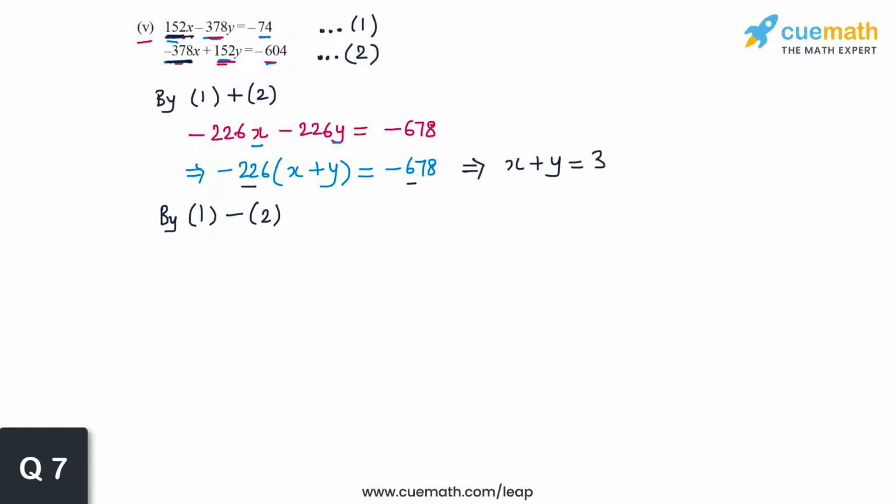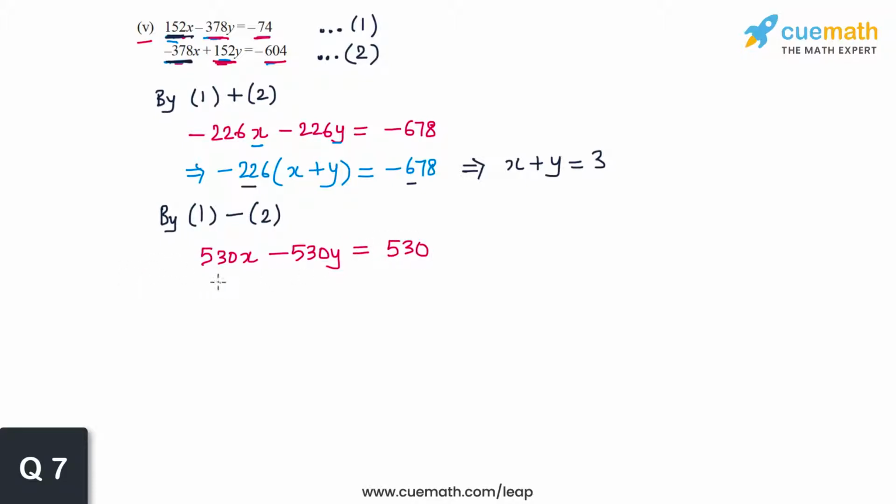So that is equal to 530x. And then in the y terms I have minus 378y minus 152y. So that's minus 530y. And then on the RHS I have minus 74 plus 604, and that is equal to 530.